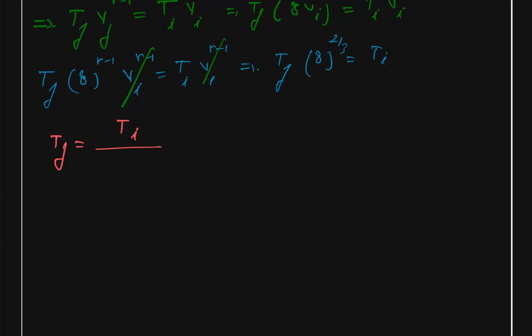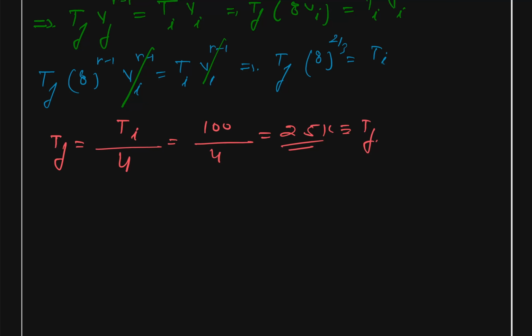The initial temperature is given as 100 Kelvin, so 100 divided by 4 gives us 25 Kelvin. So this is our final temperature, T f, and we are supposed to find the change in internal energy.